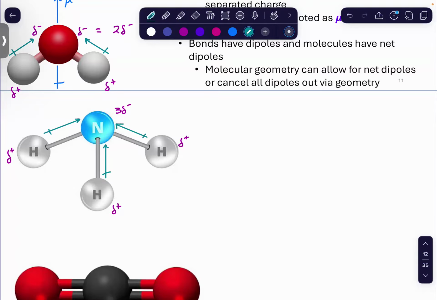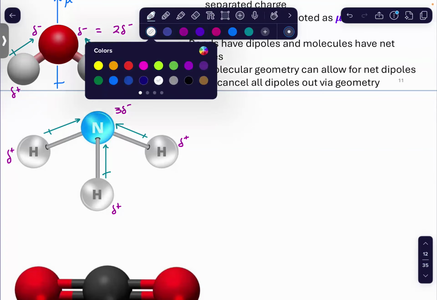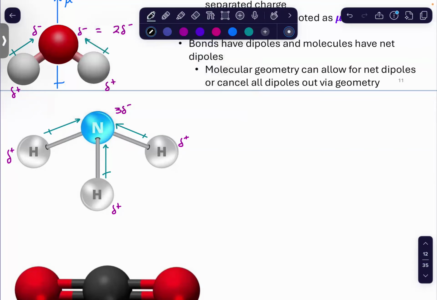Okay. Now, let's try to think about this in terms of vectors. So let's just draw an XY. We'll draw our axes. We'll just call this vertical and this one horizontal.